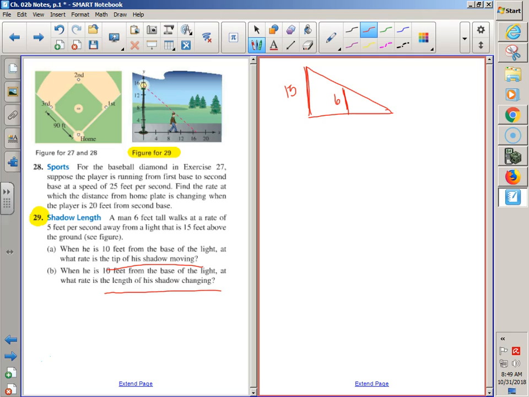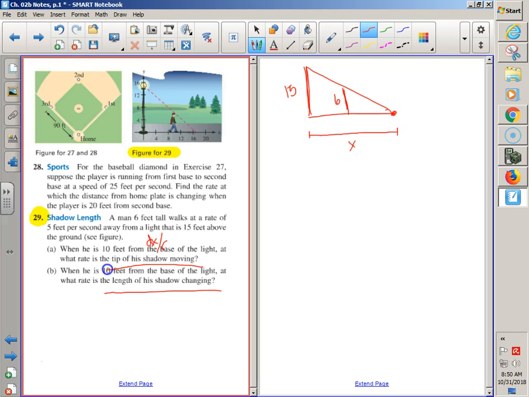I could label this as X, going to the tip of the shadow from the light post. Letter A is looking for dx/dt. It also talks about how far away he is from the light post, so that could be Y.